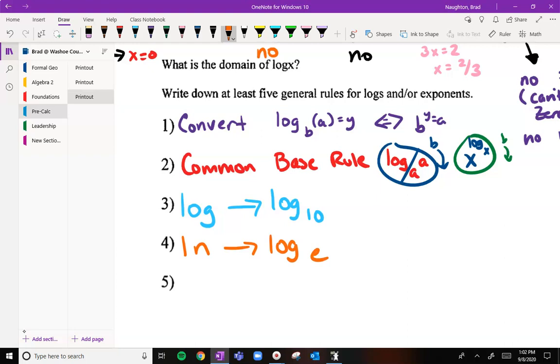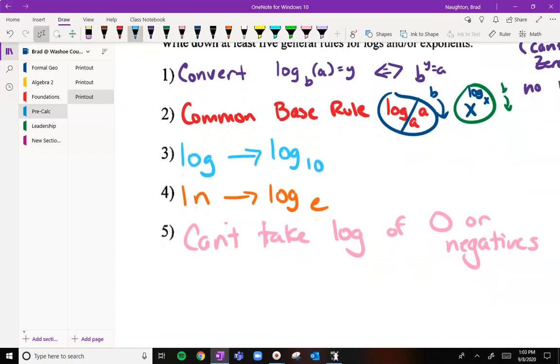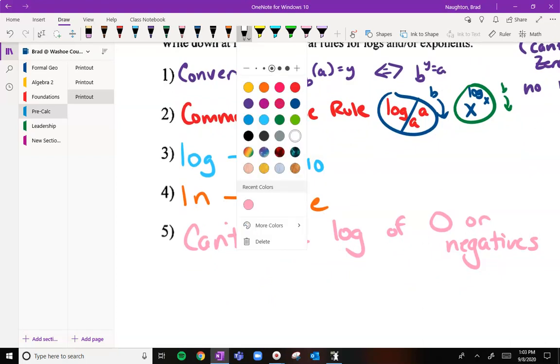The other thing that I would write down, again, if you got it, then don't worry about it, is that you can't take the log of 0 or negatives, as we mentioned up top. But if you can remember that, then you're a rock star. You do your thing. Okay? But we're just going to keep on rolling down, and you write down what you think is important for you.